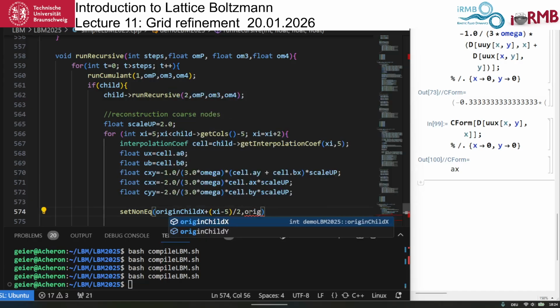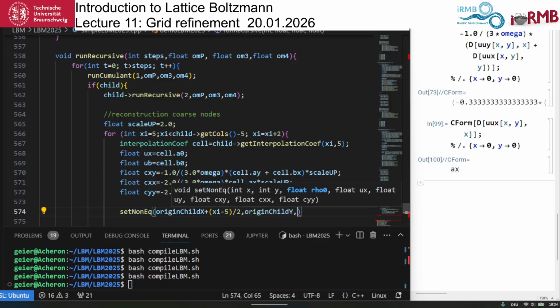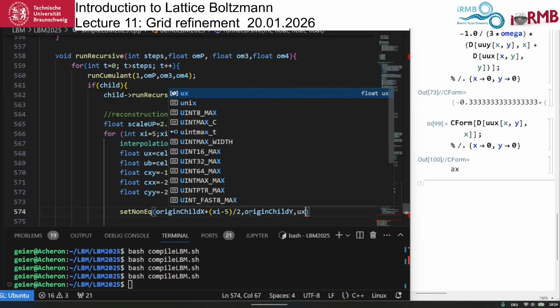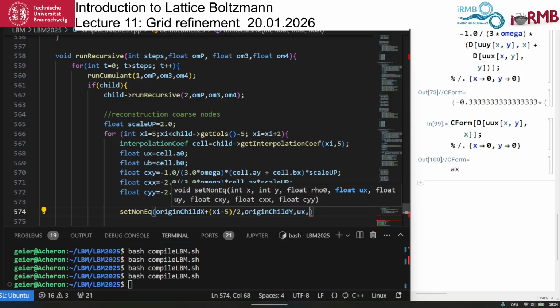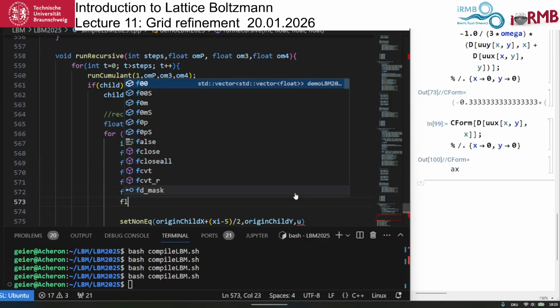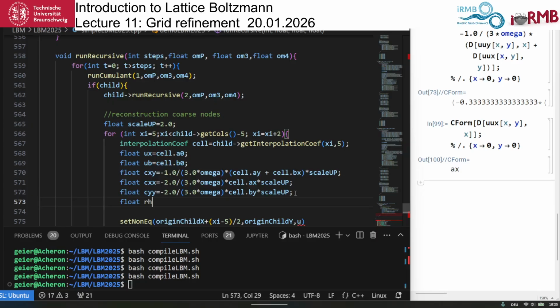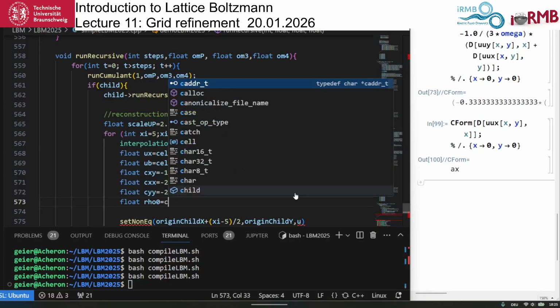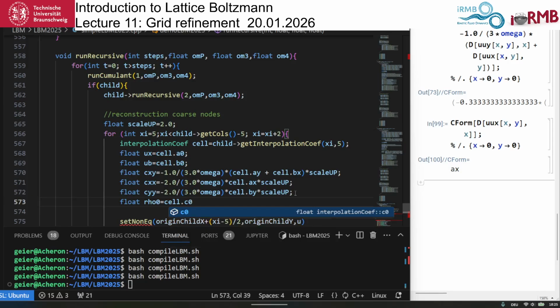Origin child y. And here we would have to set u. What are we missing? We are missing rho, right? Yes, we are missing rho. Float rho 0 is equal to cell dot c 0.